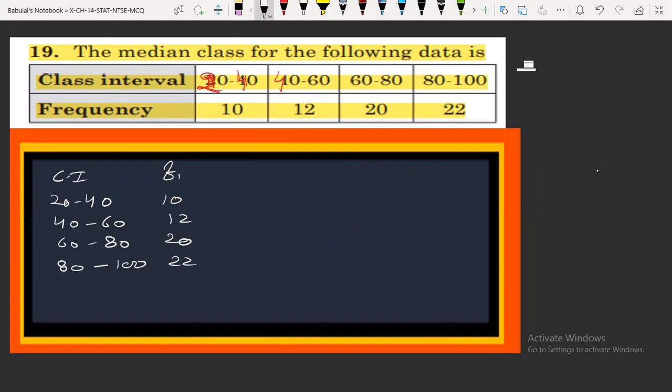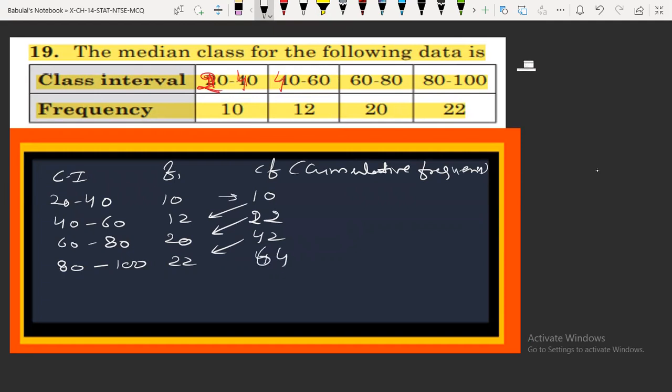उसके लिए हमें हमेशा ही क्युमुलेटिव फ्रीक्वेंसी फाइंड आउट करनी होती है, CF. CF स्टैंड फॉर क्युमुलेटिव फ्रीक्वेंसी. सो उसमें क्या करना पड़ता है, फर्स्ट यू राइट 10, ये एज इट इज रखना है, फिर 10 plus 12, that is 22, 22 plus 20, that is 42, 42 plus 22, that is what? 64.